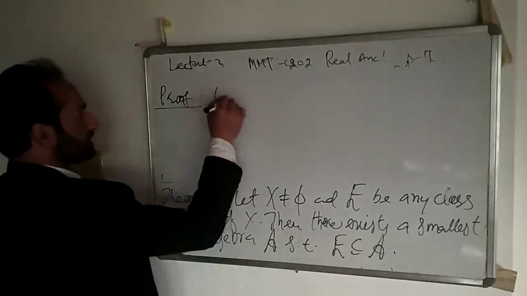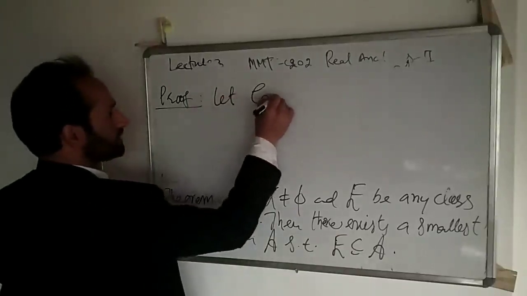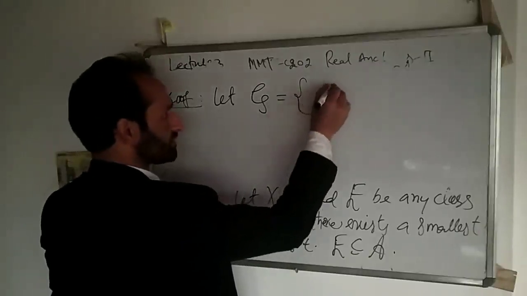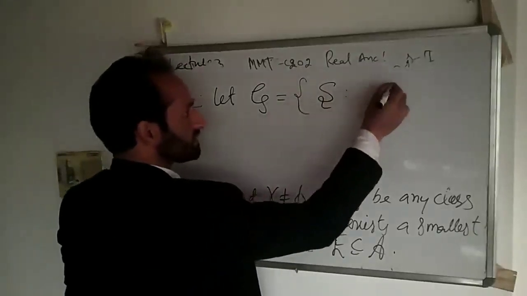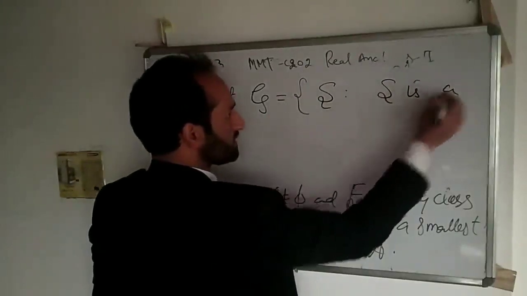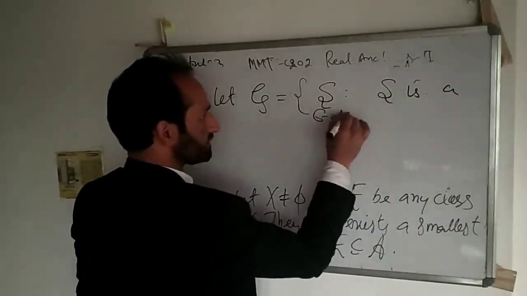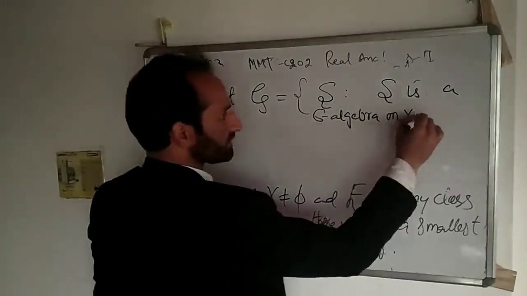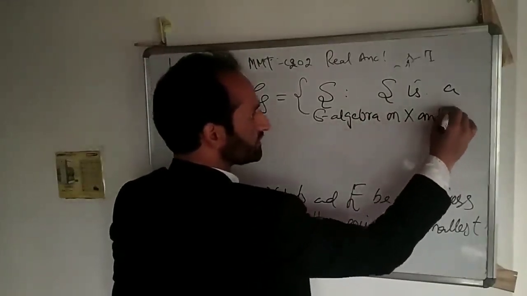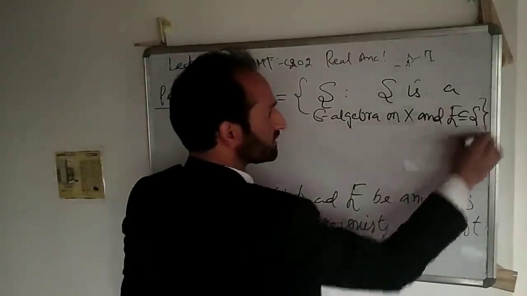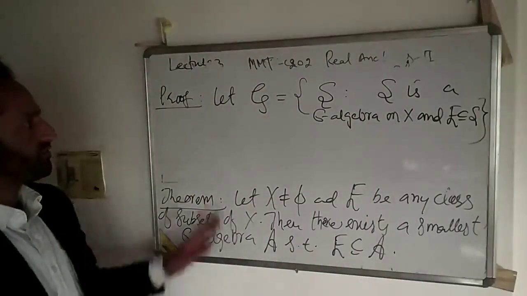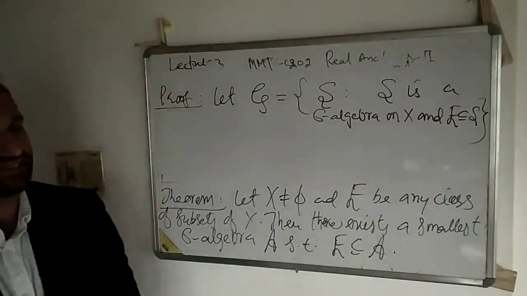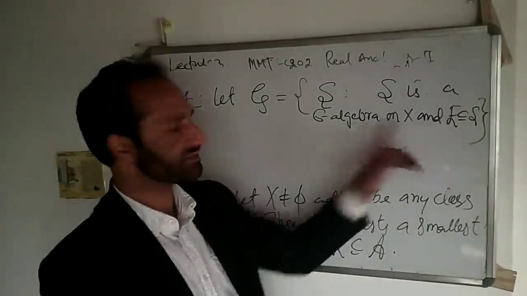So let cursive C be a family of sigma algebras, a family of S such that S is a sigma algebra on X and contains F. First we check that this class is non-empty. At least one sigma algebra exists which contains F.